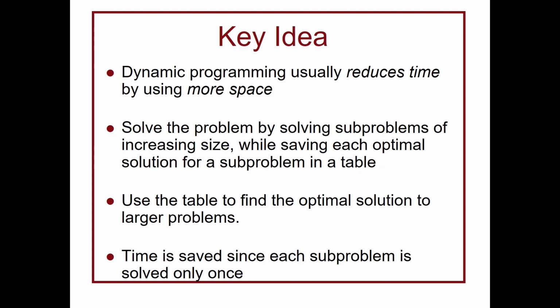So the key idea behind dynamic programming is that we use the trade-off of time versus memory or space. We use more space to reduce our time requirement, right? So we devise a recursive solution for the original problem.